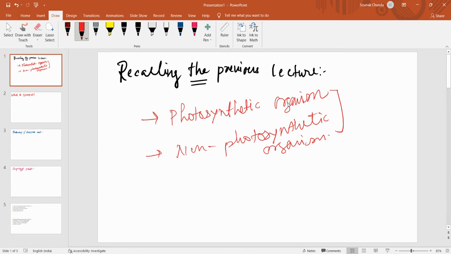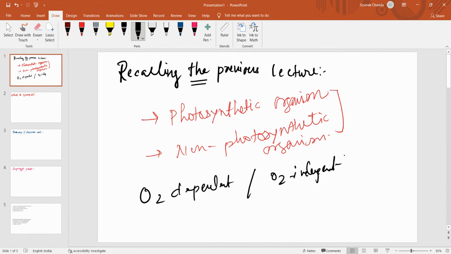Respiration is of two types: oxygen dependent and oxygen independent, that is O2 dependent and O2 independent. O2 dependent is known as aerobic respiration, and O2 independent is known as anaerobic respiration.